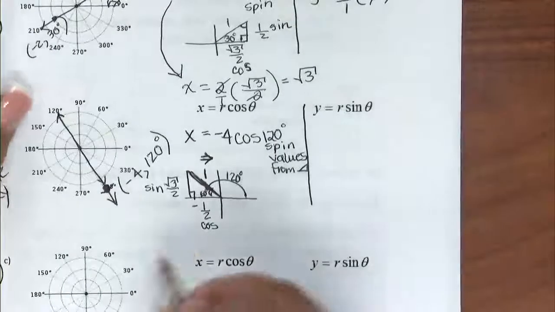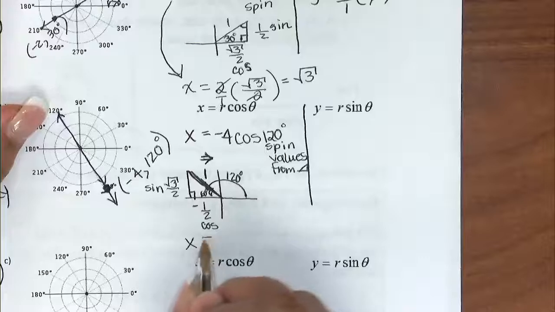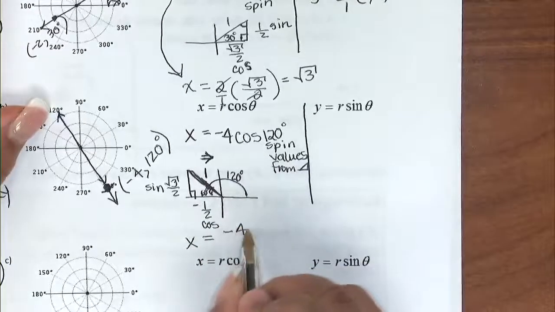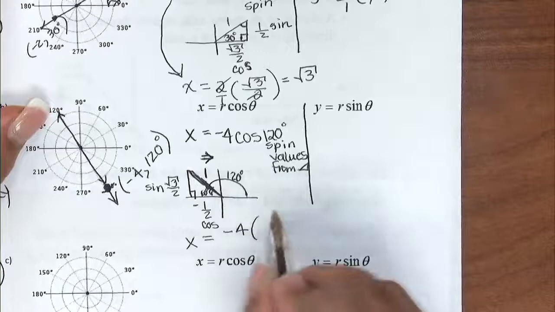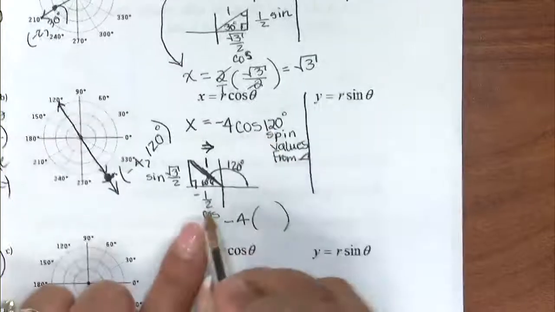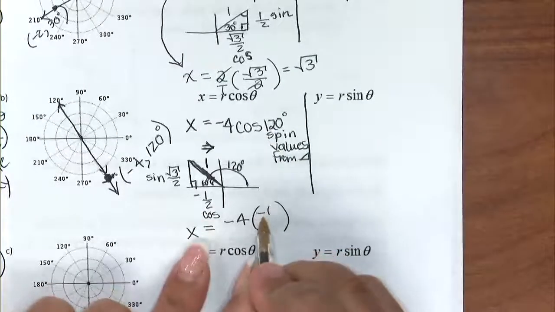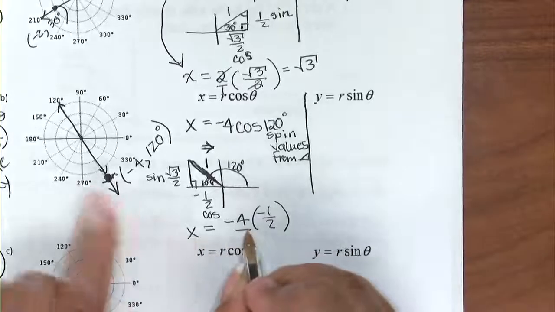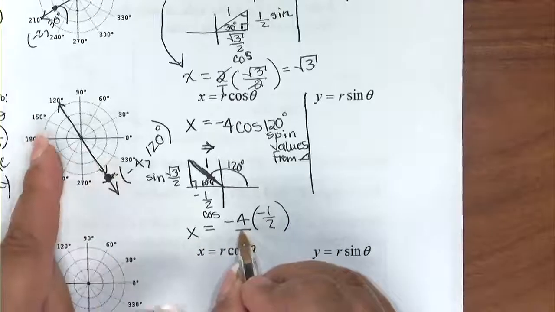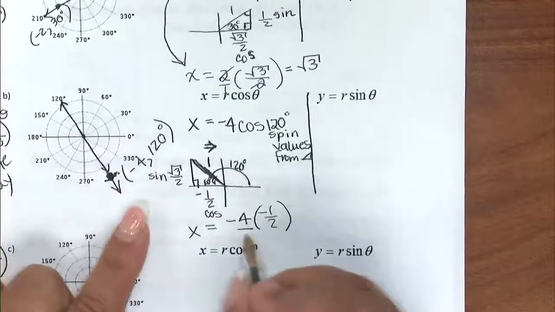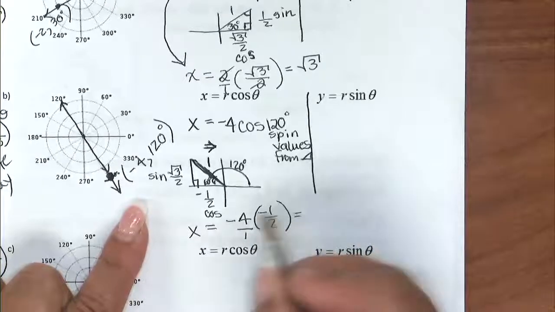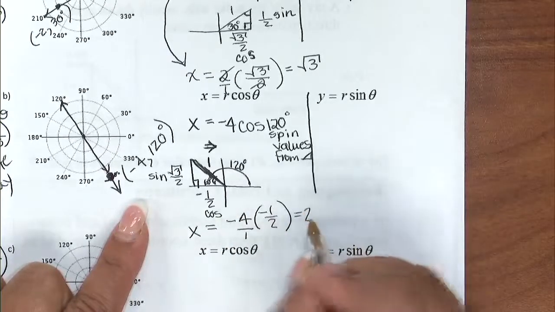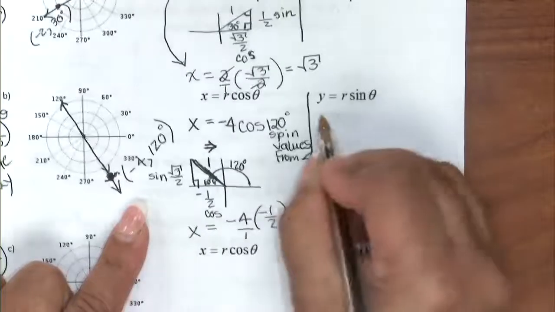I'm going to get a positive x. I'm going to go x. I'm continuing using the values right off this picture. -4 times my cosine. My cosine is this negative right here, and you see how that goes right back to a positive again? So you are getting a positive x just like you're supposed to when you're over here in quad 4. So this would be what? Negative times negative is positive. It's basically 4 divided by 2, 2. Okay, then come over here.